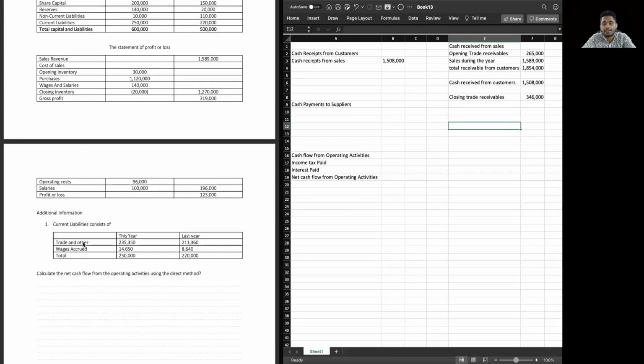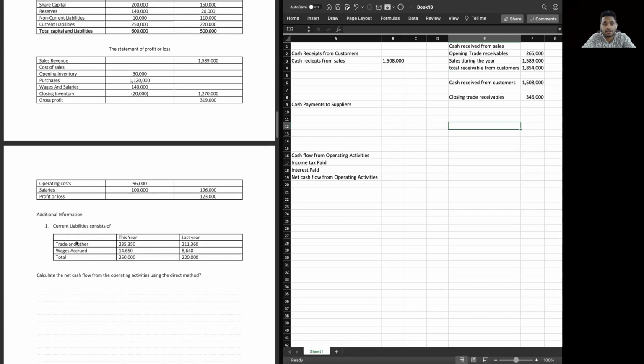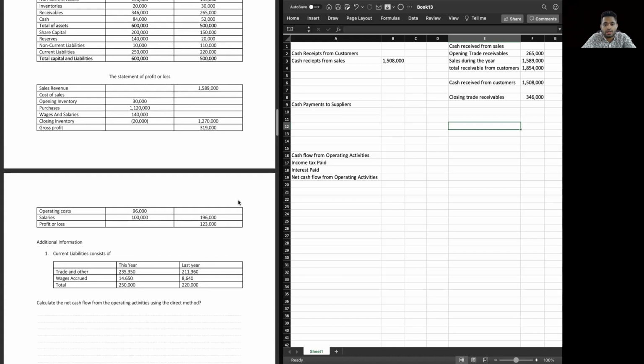And they say trade and other, which means these payables include your operational expenses as well. It's not just your purchases or your creditors included. Now we'll be calculating the cash payments for trade and other payables.